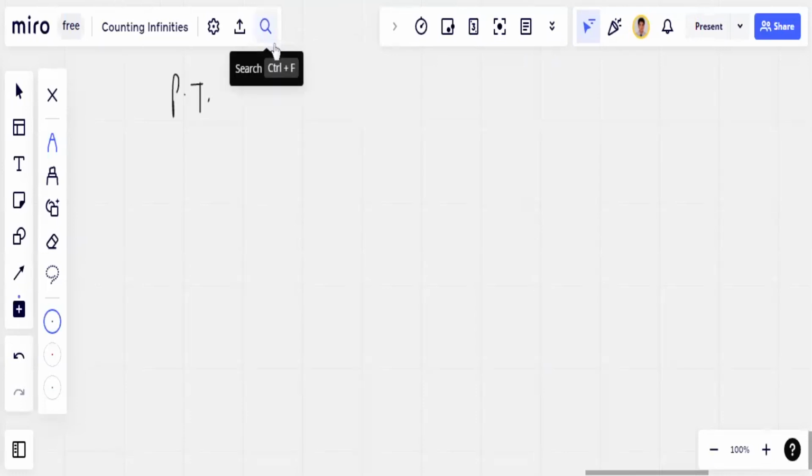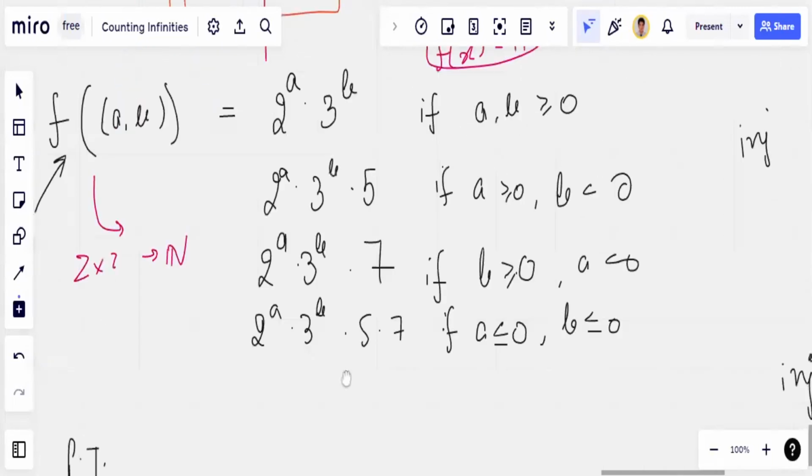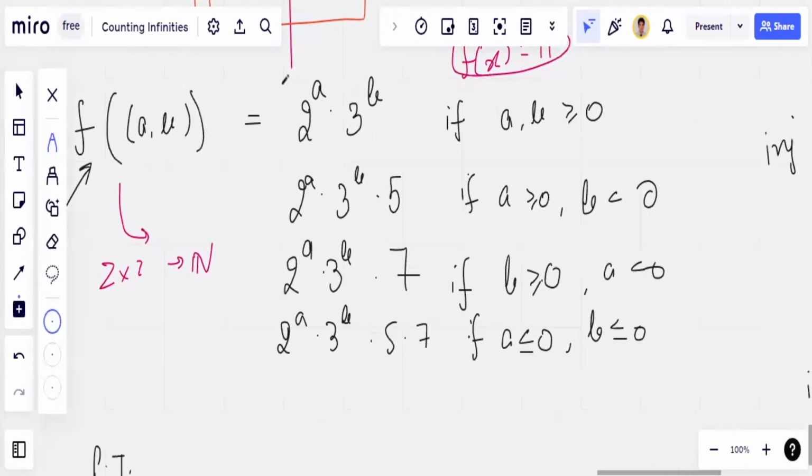Sorry, I don't understand your question. Oh, two raised... No, no, we are not raising two by the natural. Oh, sorry. Take the modulus here. That was the whole point of multiplying by 5 and 7.